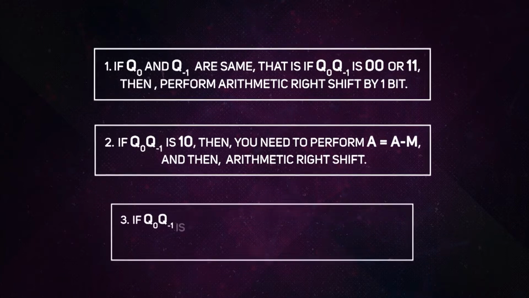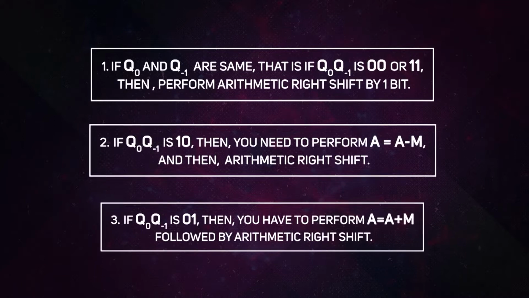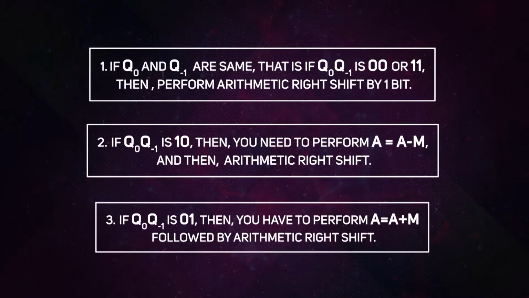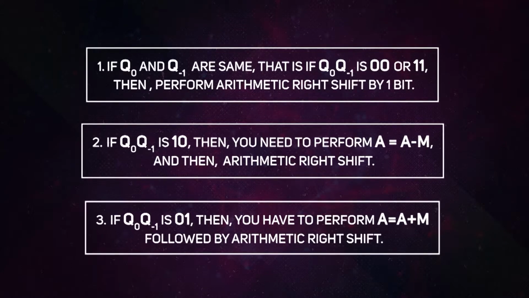And the third point, if q naught q minus 1 is 0 1, then you have to perform a equal to a plus m followed by arithmetic right shift. These three cases reflect the Booth multiplier recoding.